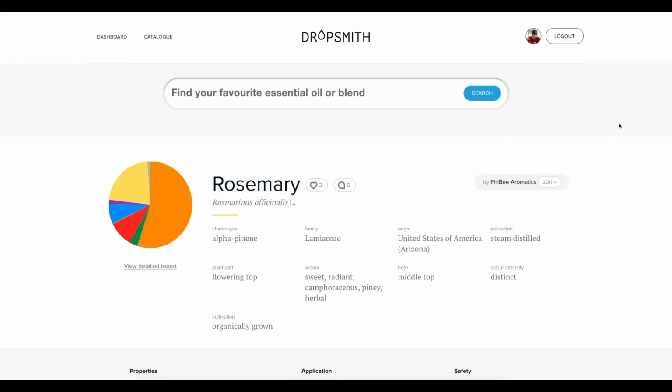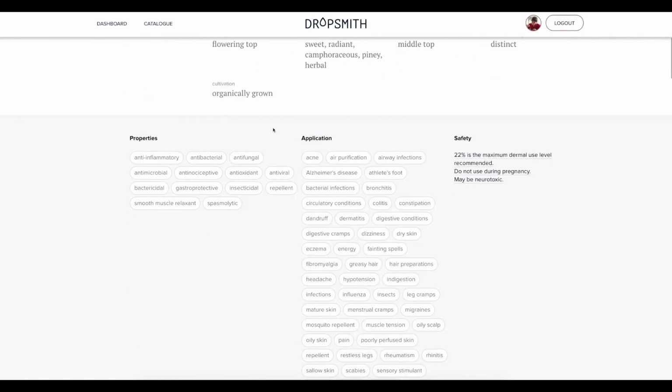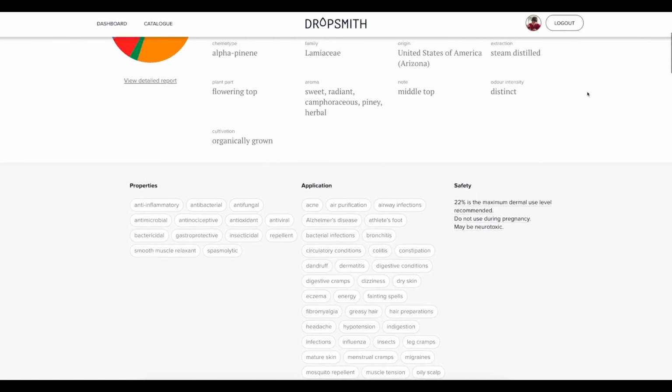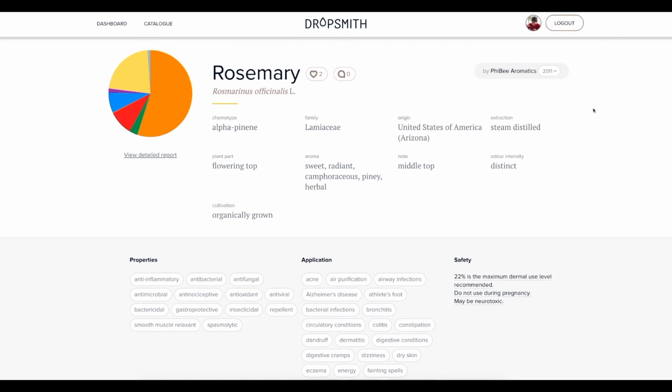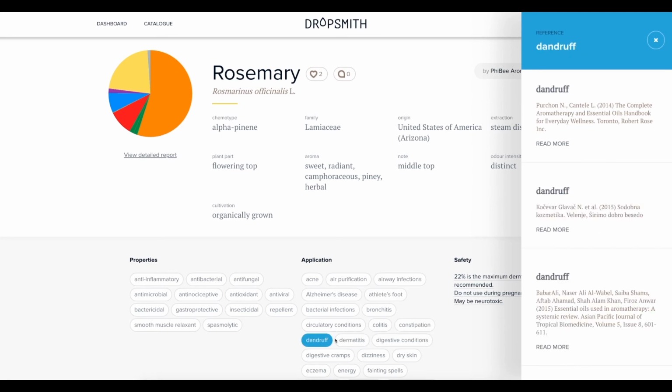You don't have the books there, you don't have the links that you need. And this is what really inspired me to make Dropsmith, to have it all in one place, whether I'm teaching or talking to a client. It's always so much easier and more vivid for them to understand why I chose that particular oil or blend. And I hope this will bring value to your work as it did to mine.